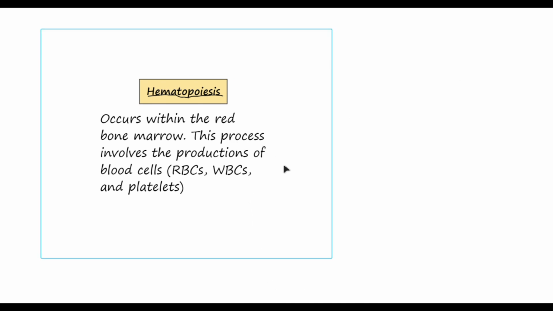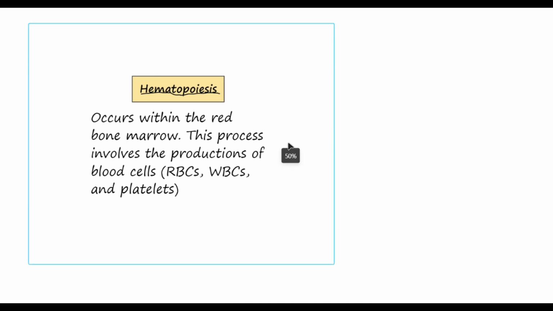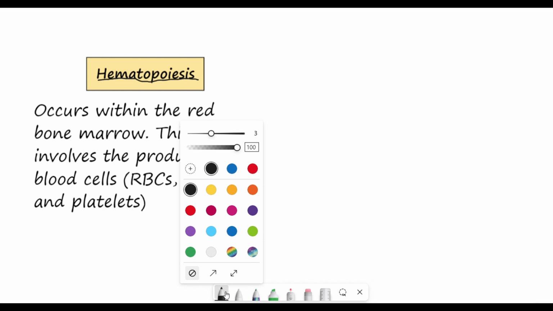Alright, here we have hematopoiesis, a very big word. Took me a while to learn how to say that. Still don't know if I'm saying it right. But this is essentially the production of red blood cells. Not red blood cells specifically, but also white blood cells and platelets.